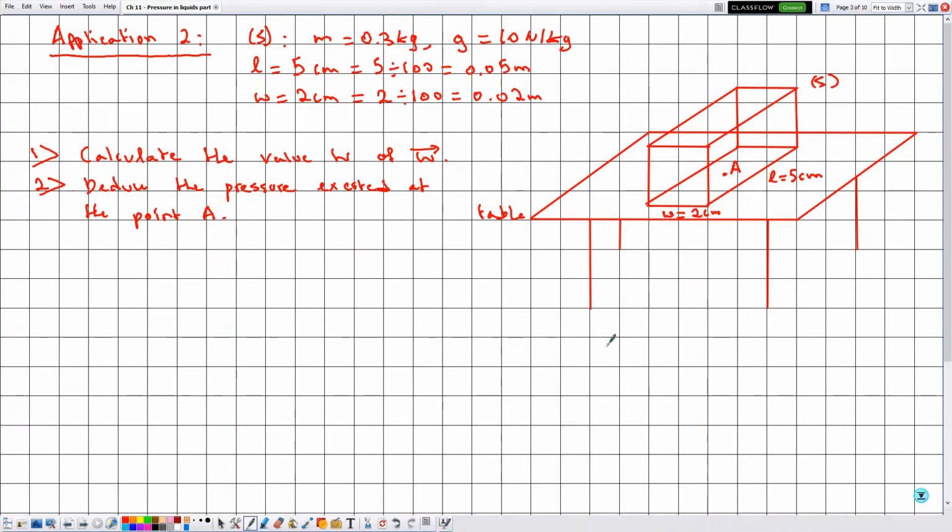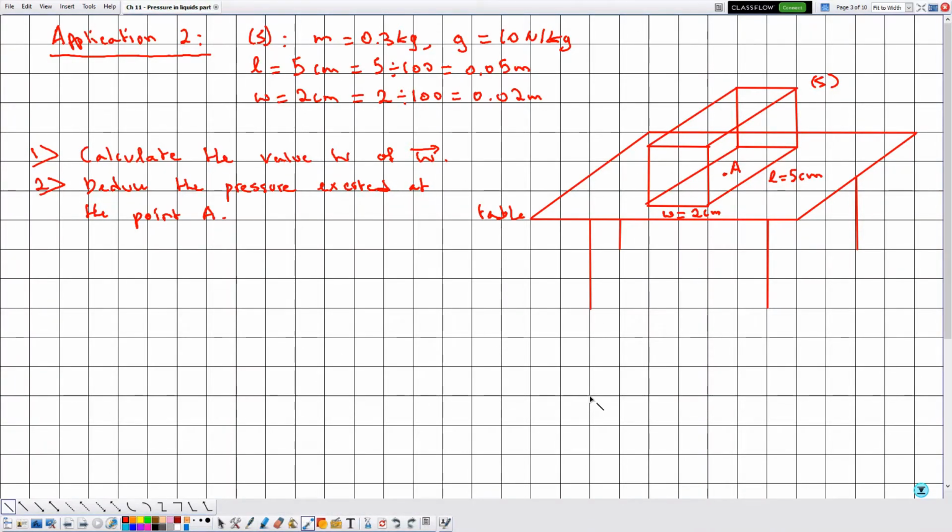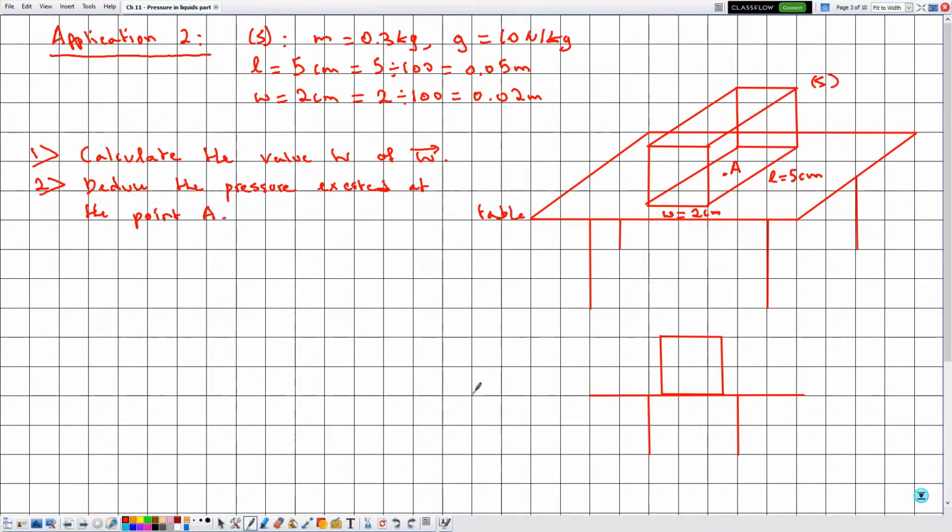So previously, we used to consider this problem as the following. So this is the support or the table. And this is the solid S resting on the table like this. So previously in chapters 8 and 9, we used to consider the problem to be like this.